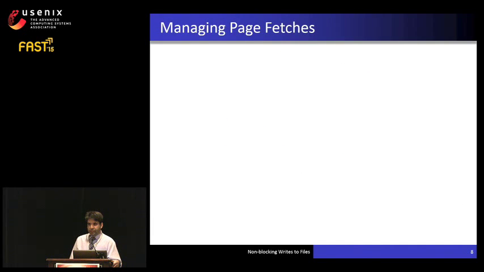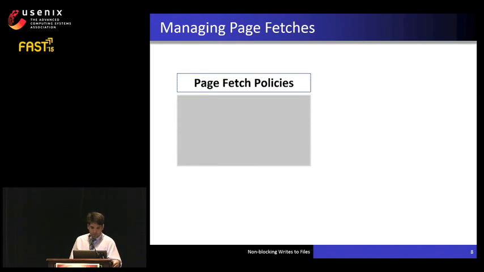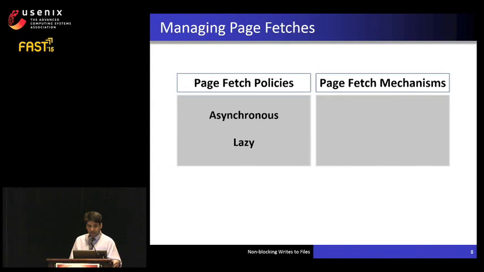Until now, I have presented two different ways of when to issue the page fetch, which we say are page fetch policies: the synchronous and lazy page fetch policies. But we also have the question of how to deal with those fetches.